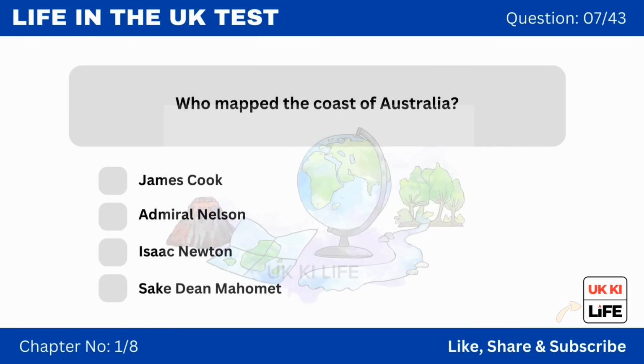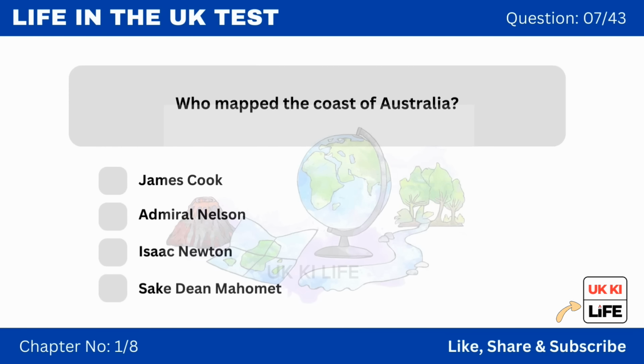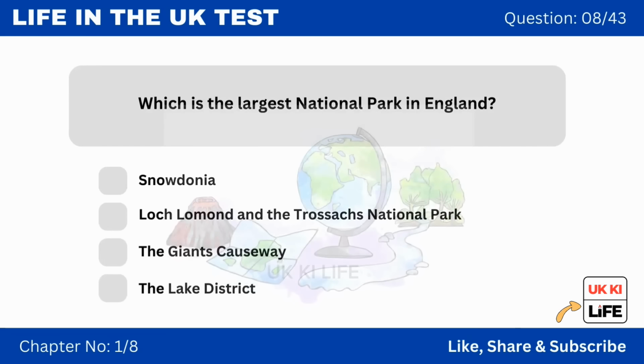Question 7. Who mapped the coast of Australia? James Cook, Admiral Nelson, Isaac Newton, Taqi ad-Din Muhammad. The correct option is A. Explanation. Captain James Cook mapped the coast of Australia and a few colonies were established there.